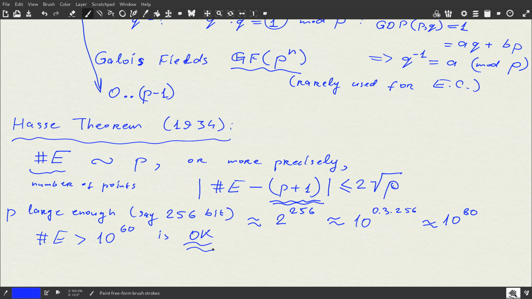Which means that we can use, for example, a 256-bit size P in our computations, and it is generally okay.